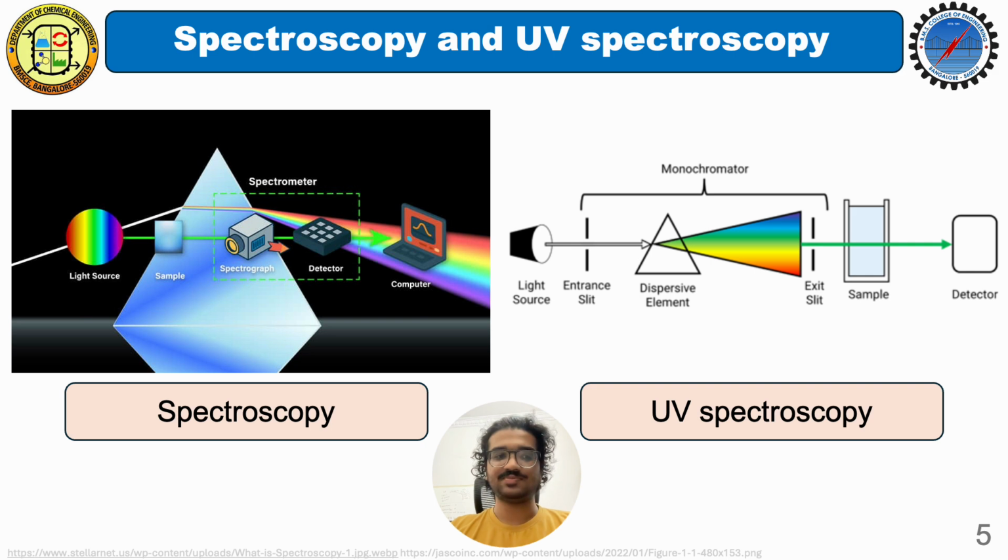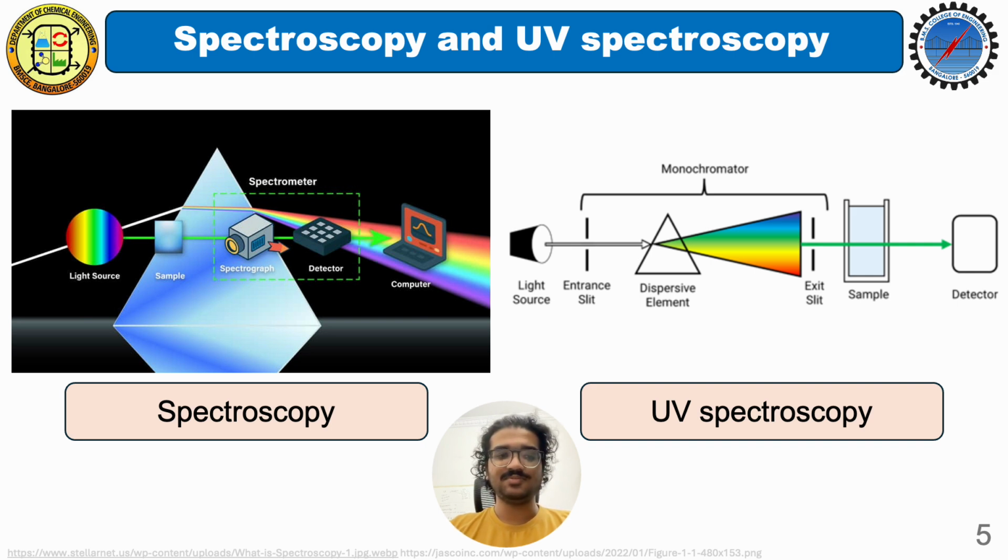In this type of spectroscopy, we measure the intensity of light before and after absorption, and this is varied as a function of frequency or wavelength. Then we examine the minima and maxima of our spectrum.